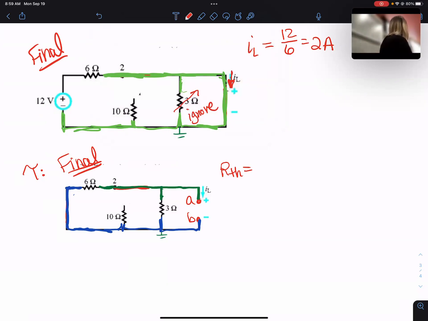No, it's a wire, but when you find tau, you're trying to find across the A and B of the inductor. So that's why I put A and B. I take it out and I put A and B at the location of where the inductor is. It's just for the Thevenin portion, yes.